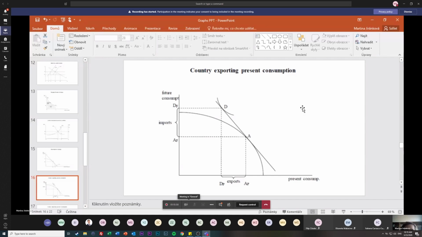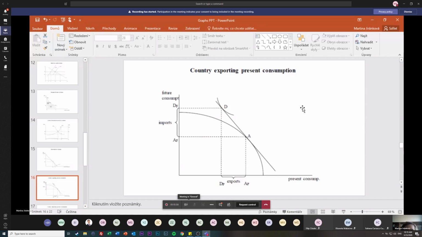How is it possible that a country can be at the point D as for the demand for present, and how is it possible that the country can consume more in the future? It's not on the PPF, it's beyond. It's because the country exports the present consumption.